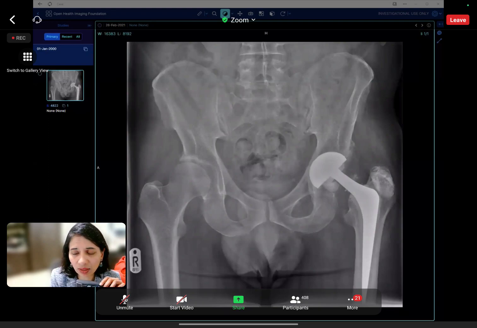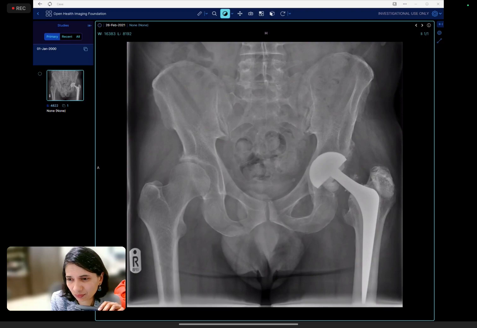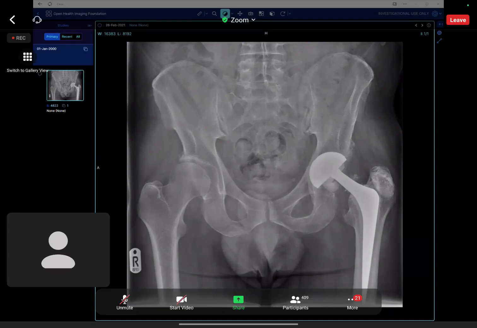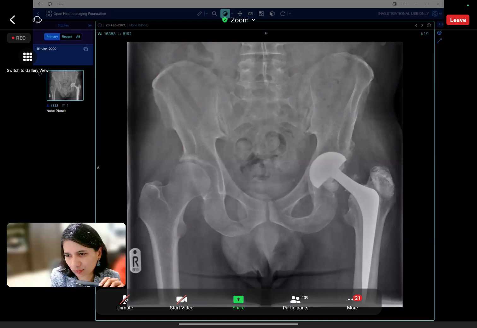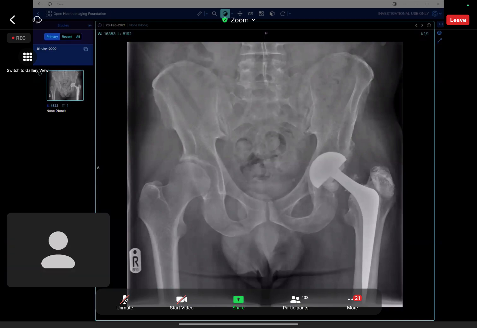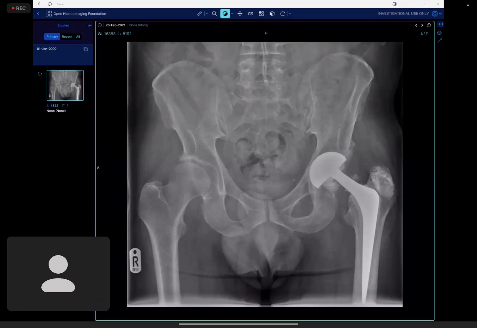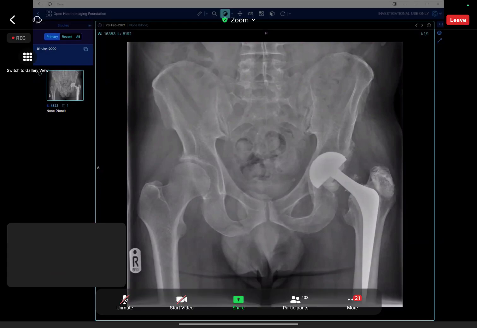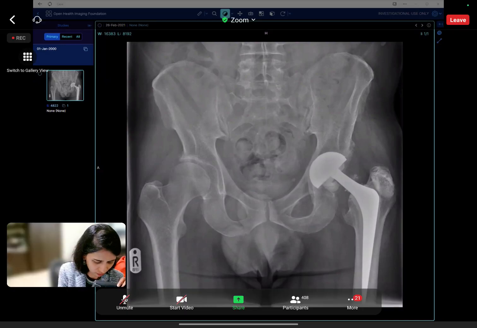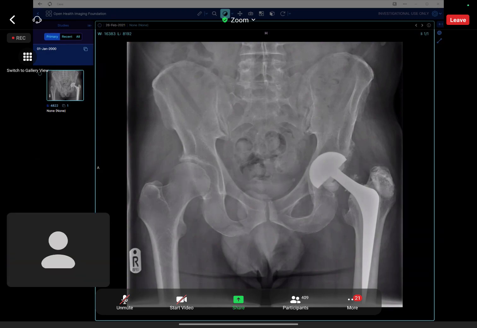So this patient is complaining of pain in the left hip. This is an AP radiograph of the pelvis in a skeletally mature patient showing left-sided hip arthroplasty with prosthesis, and I can see multiple fragments around the prosthetic head.